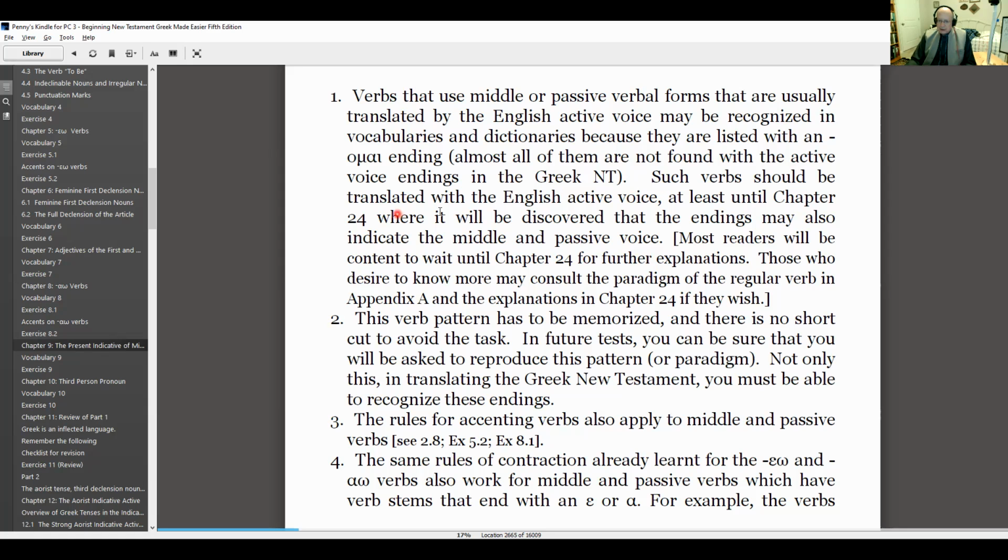Such verbs should be translated with the English active voice, at least until chapter 24, where we talk about the middle and the passive. Most readers will be content to wait until chapter 24 for further explanations, and we are going to be patient.